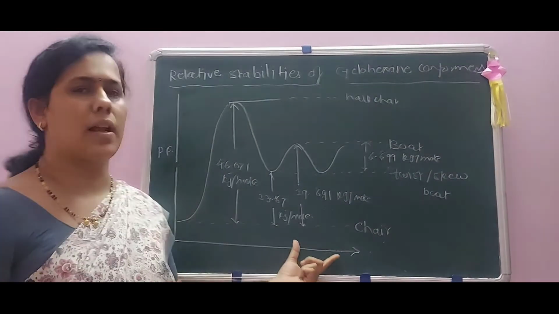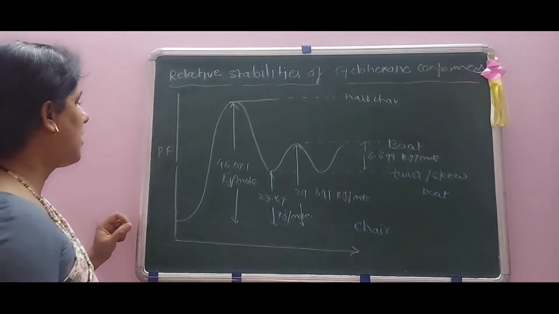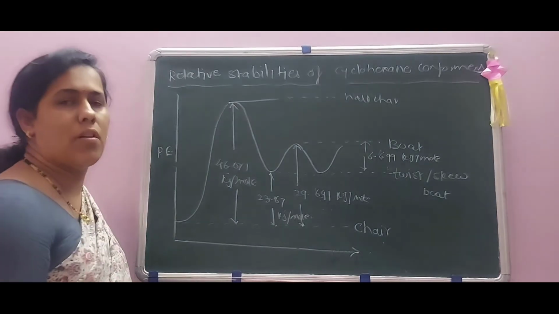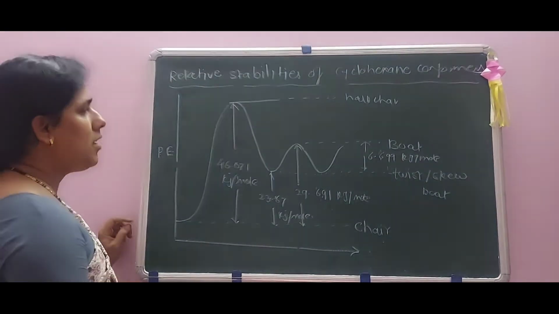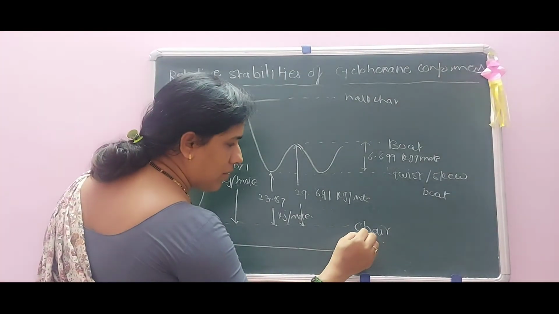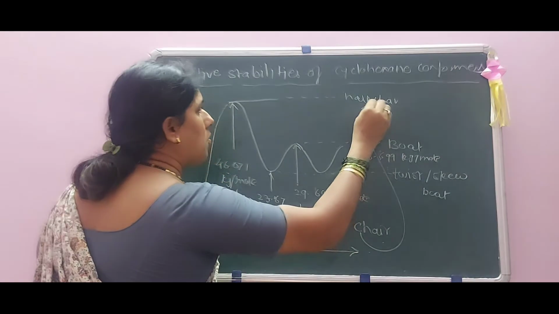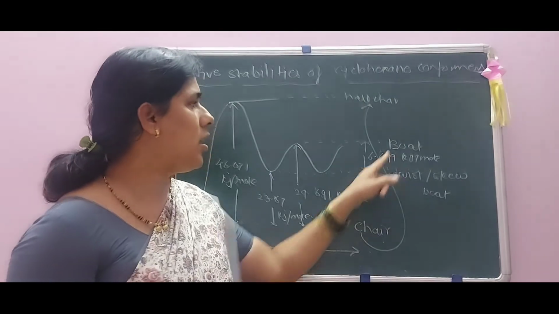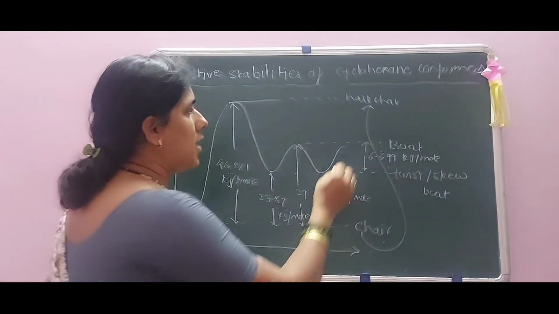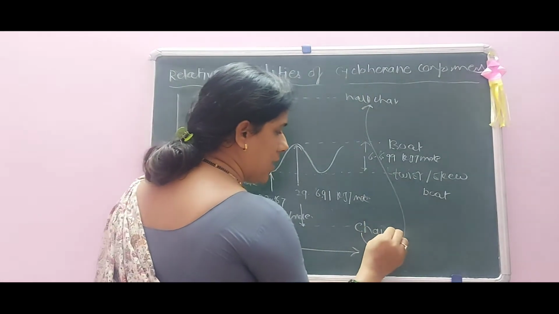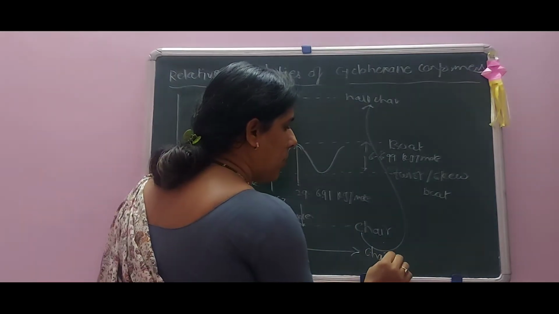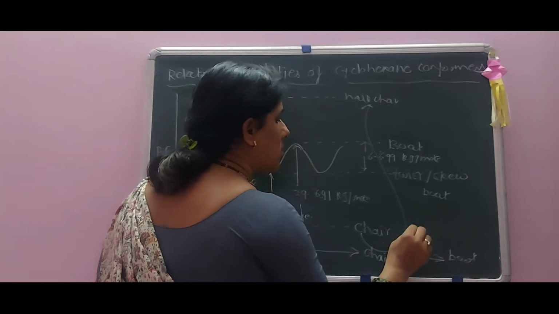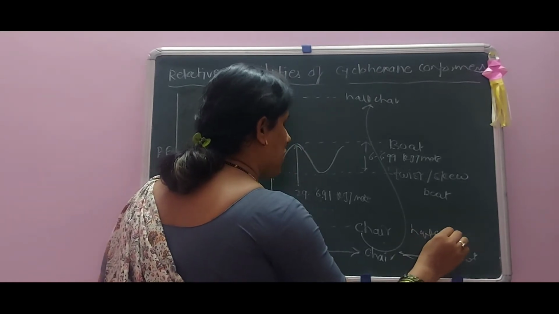Now, from this graph, we can easily say that when the potential energy versus the conformations of cyclohexane are drawn, the conversion of a chair into a boat conformation takes place through a half chair.